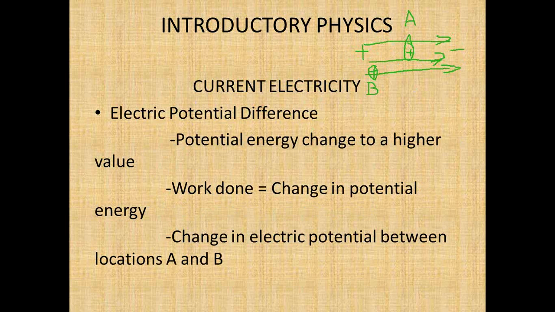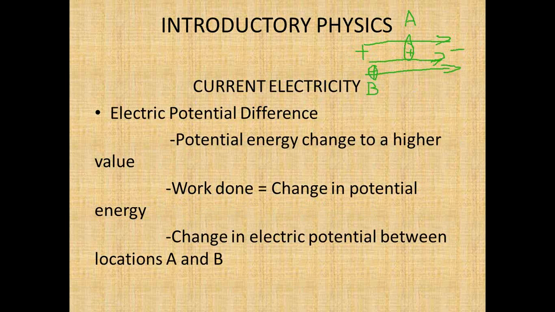You have to do work to move it from position A to position B. And when work is done, you have a change in potential energy. So the potential energy here is going to be a certain value, and the potential energy at B is going to be a greater value.